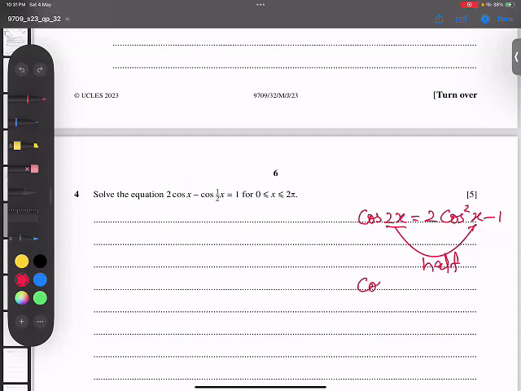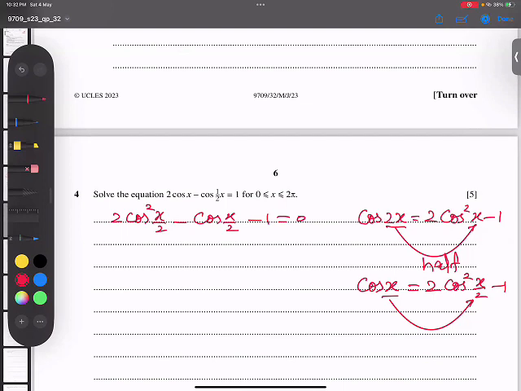So if I use the same formula with single x, everything is the same except one thing: this will become half. And if you divide by 2, you get x by 2. It means this value I'm going to plug in here: 2 cos square x by 2 minus x by 2. 1 comes to this side. So this is a turning point.